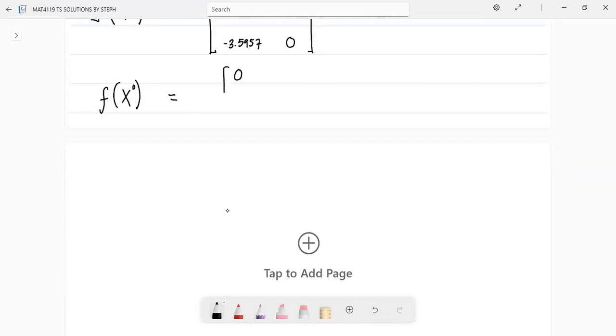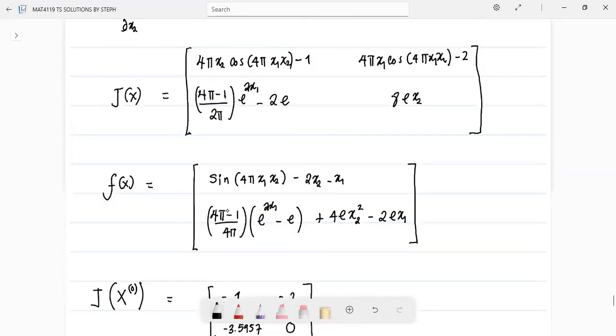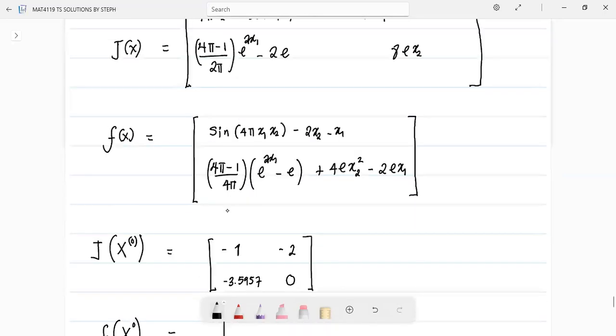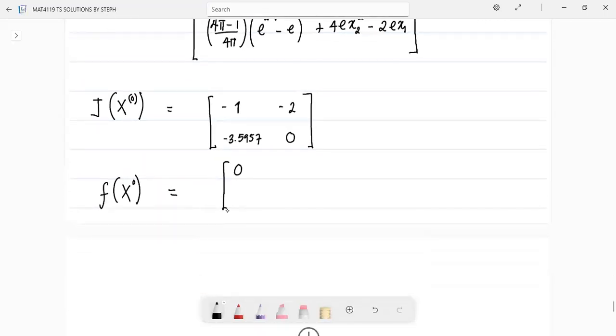Then down here, e to the power 0 will just be 1, so we have 4 pi minus 1 over 4 pi, and then 1 minus e. This gives me about negative 1.5815.